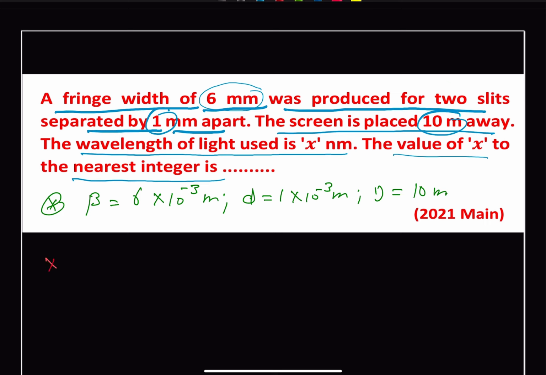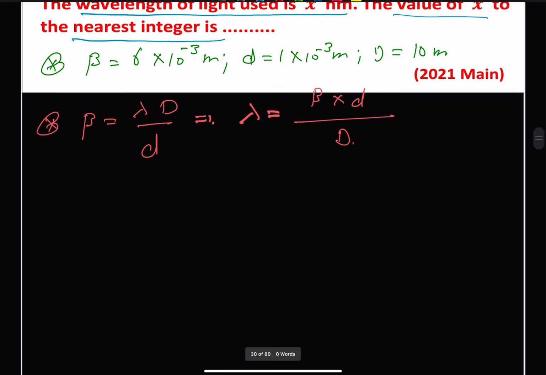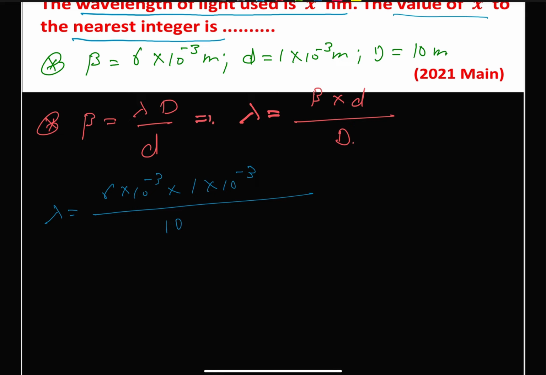So we know the formula that beta is equal to lambda capital D divided by small d. So from here we write our lambda is equal to beta times small d divided by capital D. And we substitute the values. We get our lambda is equal to beta is our 6 into 10 to the power minus 3, small d is 1 into 10 to the power minus 3, and capital D is given as 10.